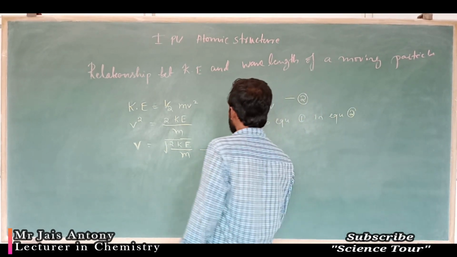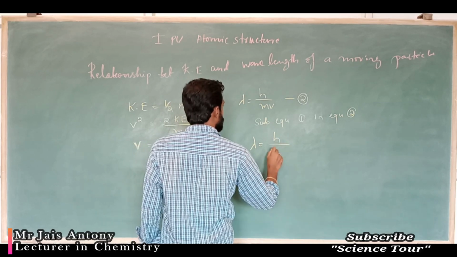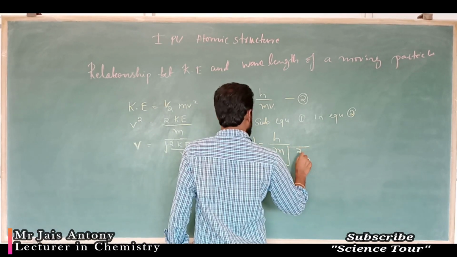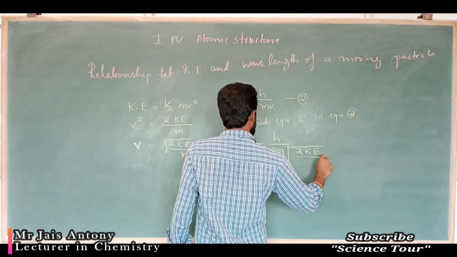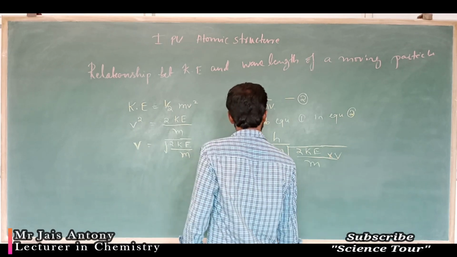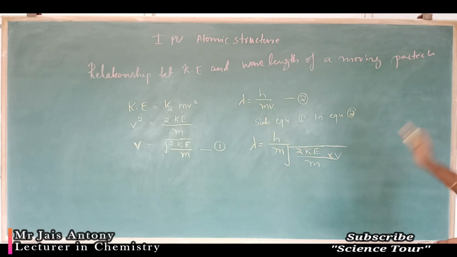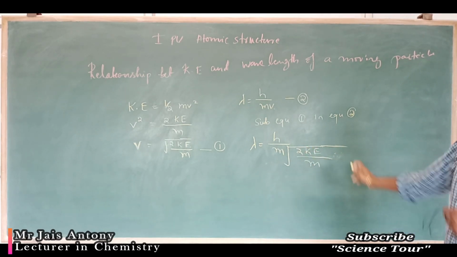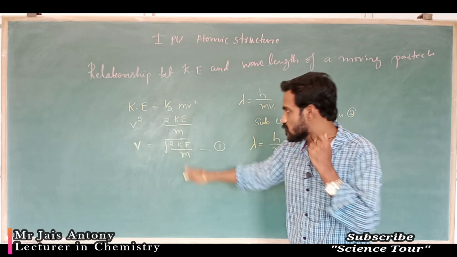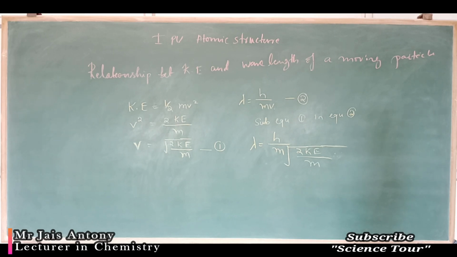What will you get? Lambda is equal to h divided by m into v. Substituting the v value, the square root of 2 into kinetic energy divided by m.